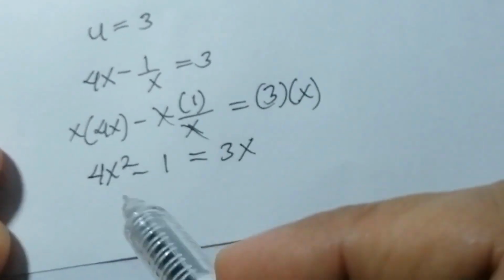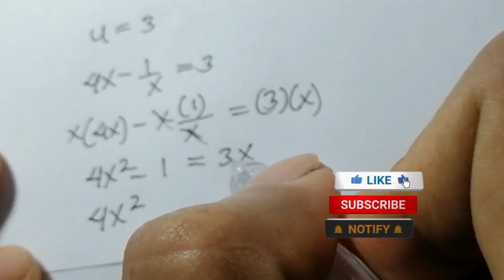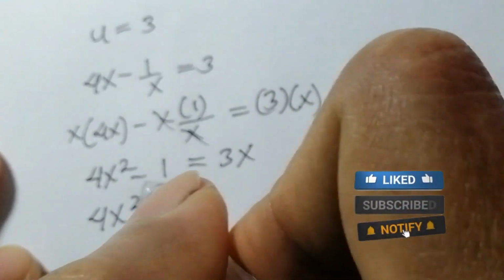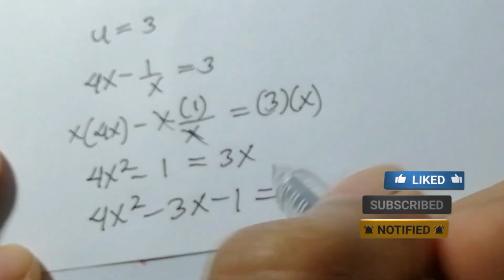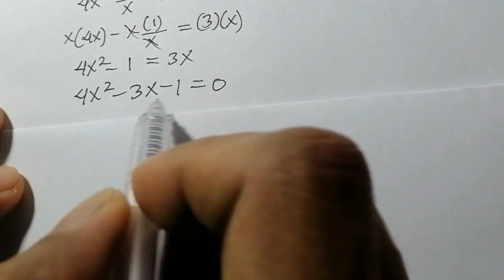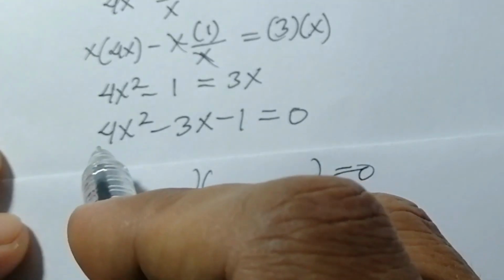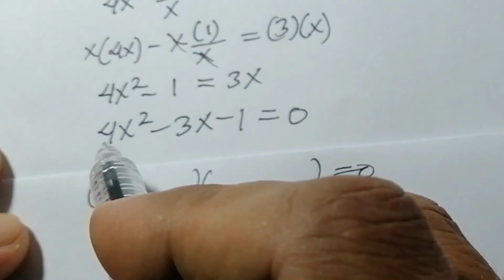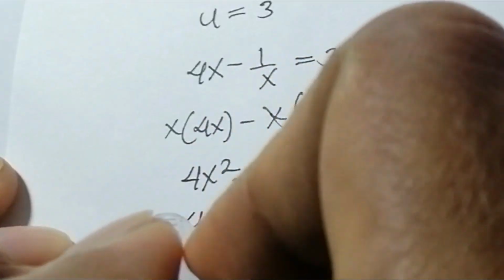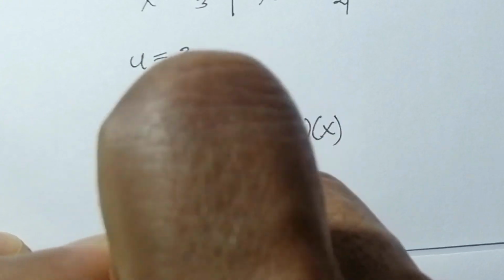Now we are going to equate this to 0. So we move this to the left side. This will be 4x squared, it becomes negative 3x, then negative 1 is equal to 0. And now the next step is we are going to factor this equation. So we have here 4x squared, so this will be 4x times x.